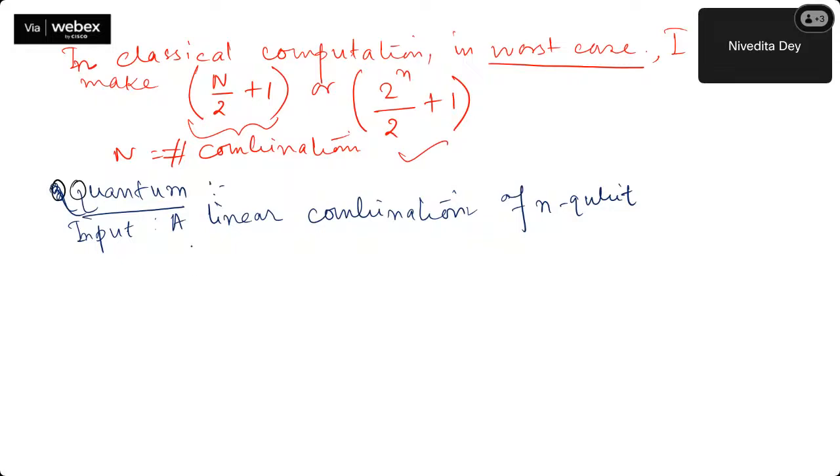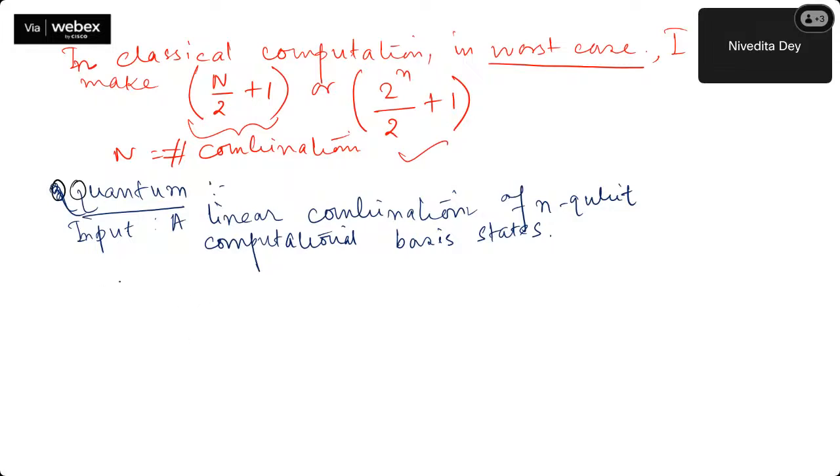And if it is very severe, that without that your next understanding will not happen, please just let me know through chat. So input has to be a linear combination of n-qubit computational basis states. Computational basis means whatever we know for the Z basis, right? Okay, so it is kind of that.